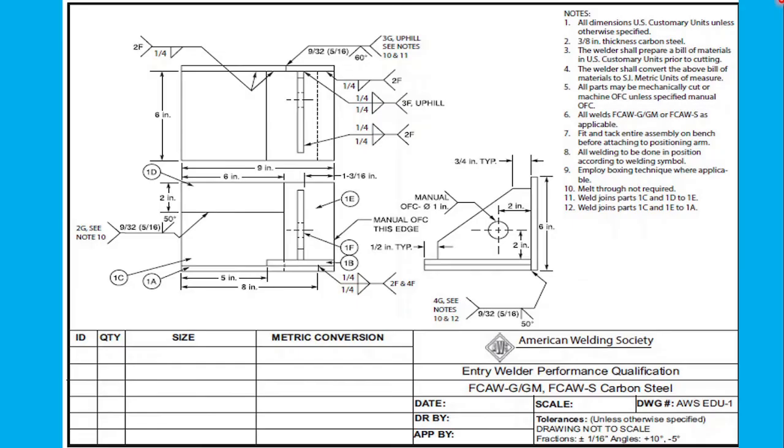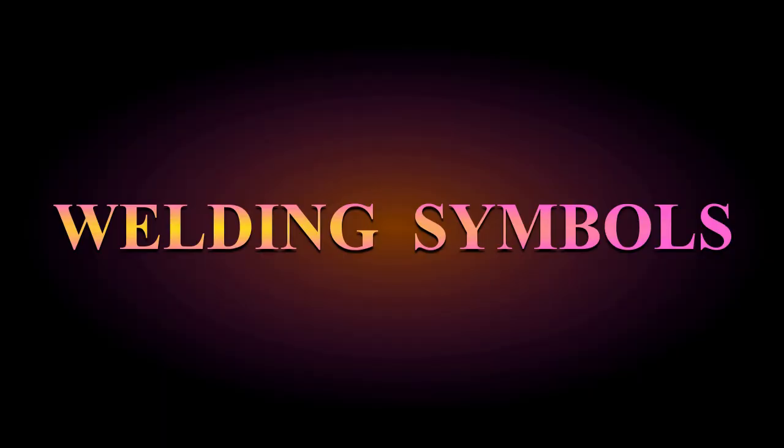While viewing this drawing, you will be able to see all kinds of weld symbols here. These are weld symbols. These are not part of the engineering drawing lines. About the weld symbols, I have given a very good series of videos.